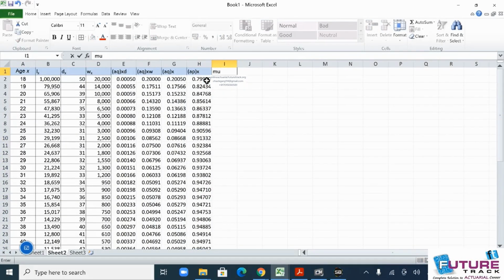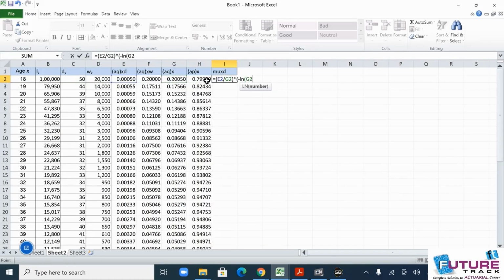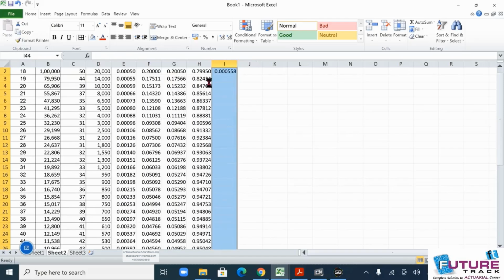Now class, let's find out mu xd. Class, what is my mu xd? That is, we have the formula aqxd divided by aqx into minus log of apx. Bracket close, enter, and class control down.